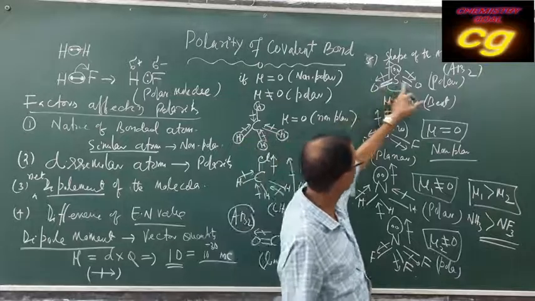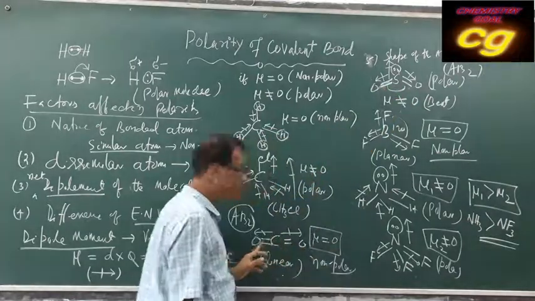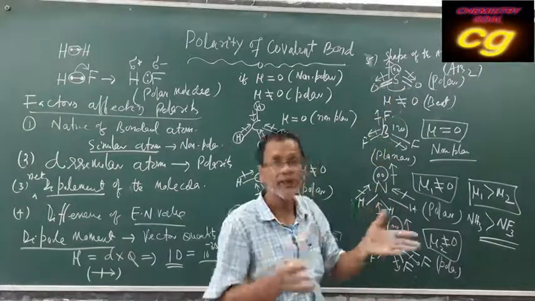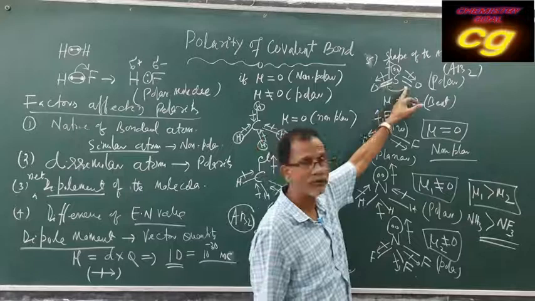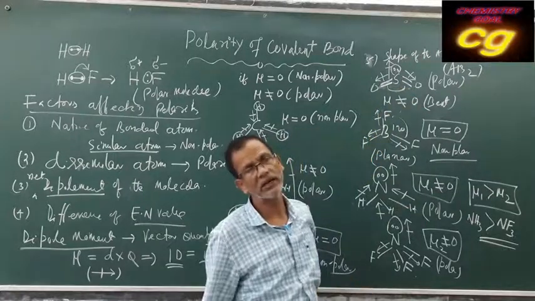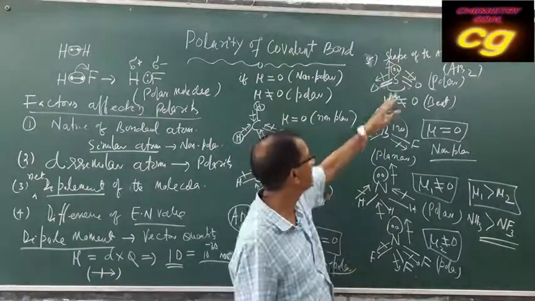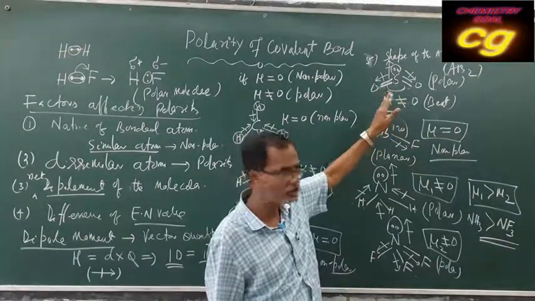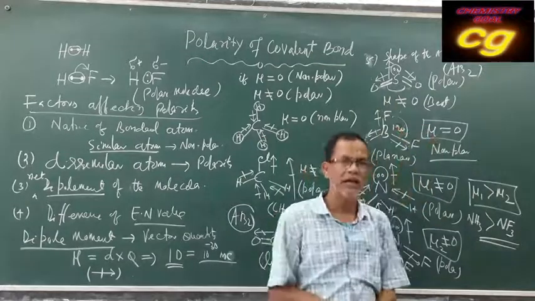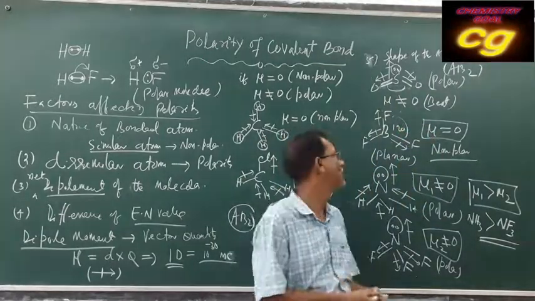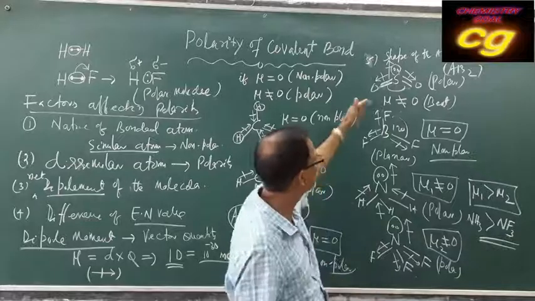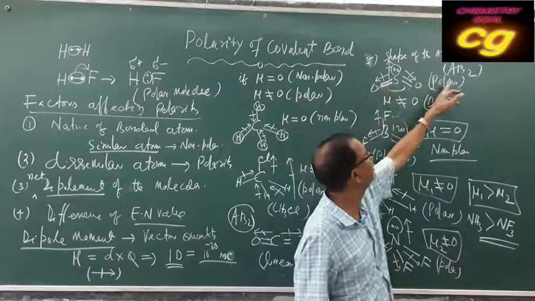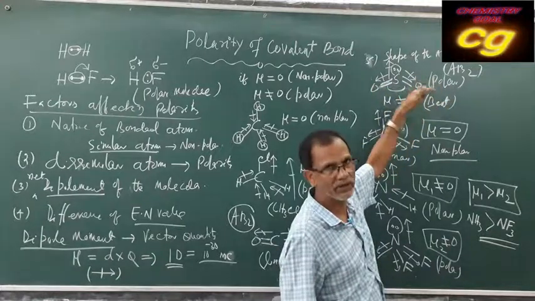Here is another AB2 type with the same kind of bond as CO2, but it has a bent shape. As it is bent, some angle is produced between the bonded atoms. That's why the resultant dipole moment will not be 0. It has some net dipole moment as per the law of parallelogram of vectors. If equal vectors are arranged at some angle, not 180 degrees, the resultant will give some net value.